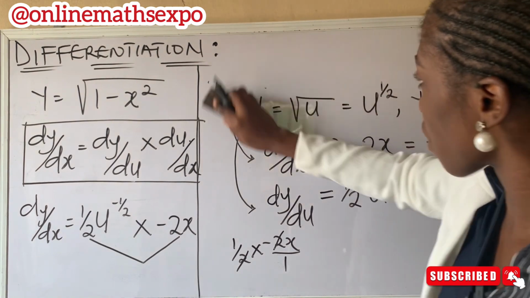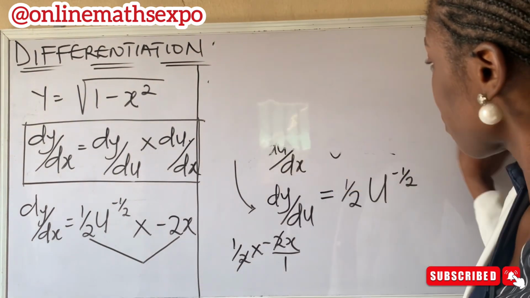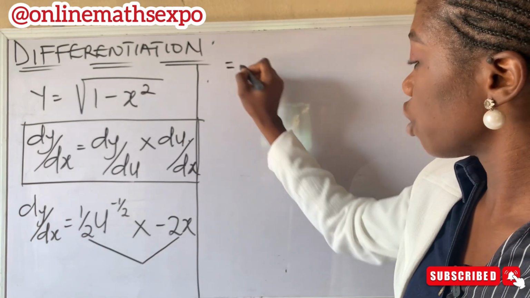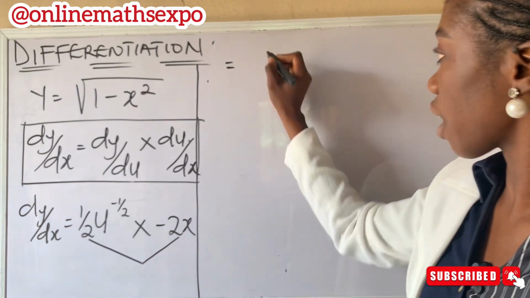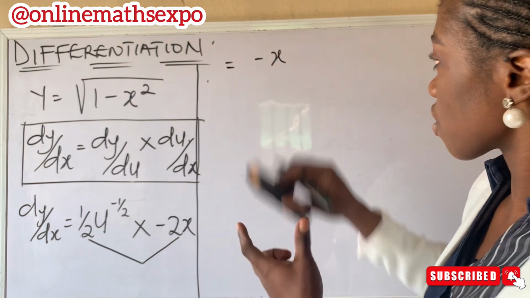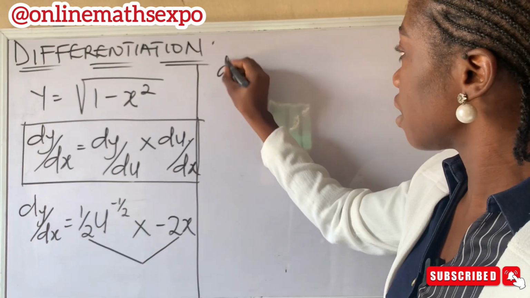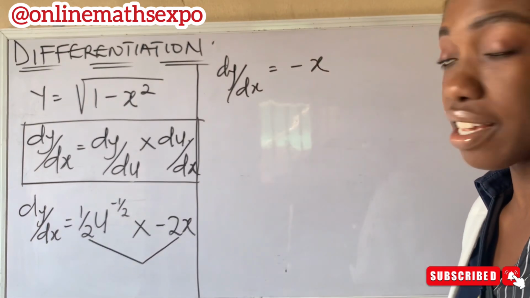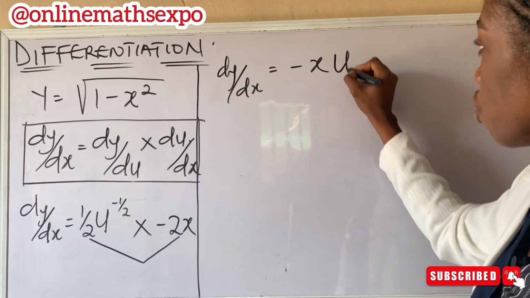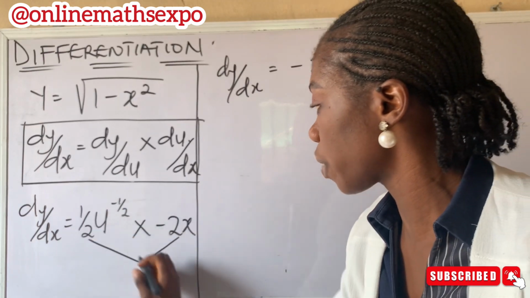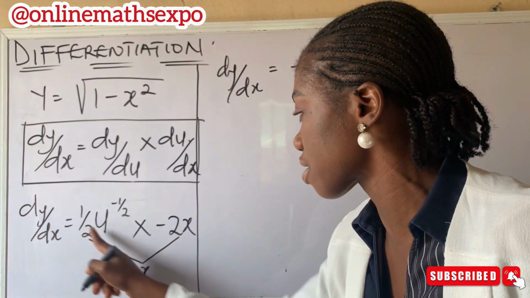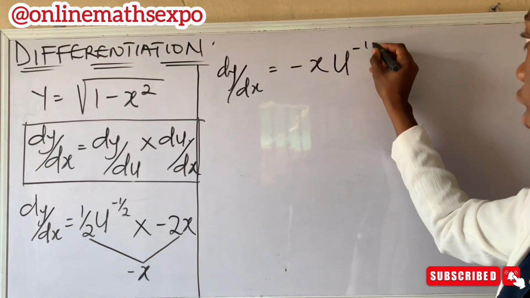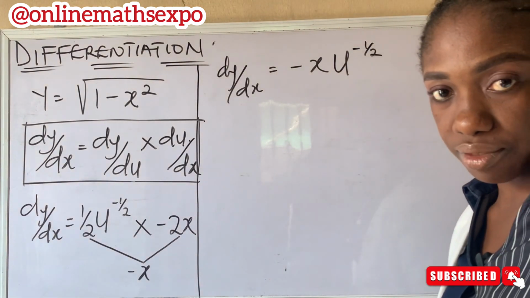So we have dy dx is equal to negative x, then u raised to the power of negative half.